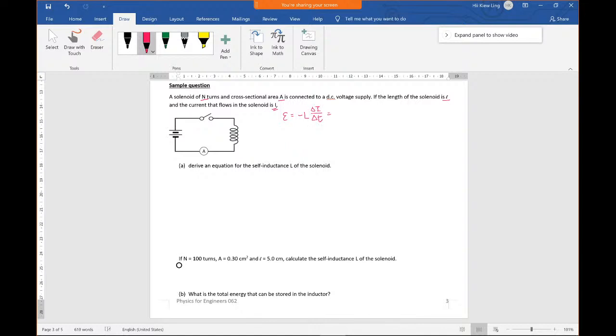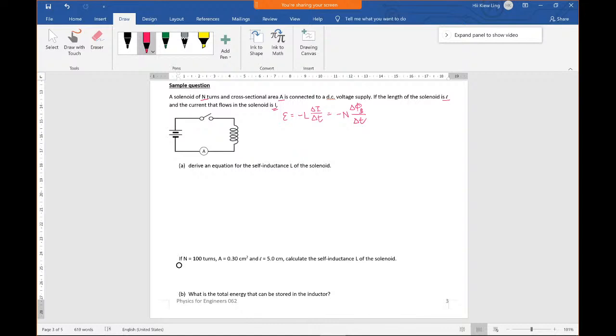Every electromagnetic induction follows Faraday's law, which is this one: negative N times the rate of change in magnetic flux.